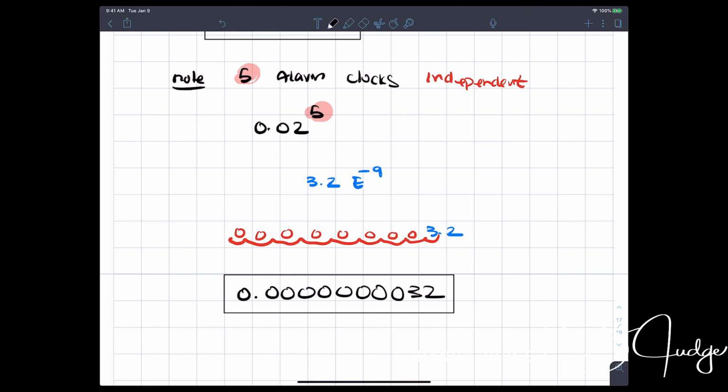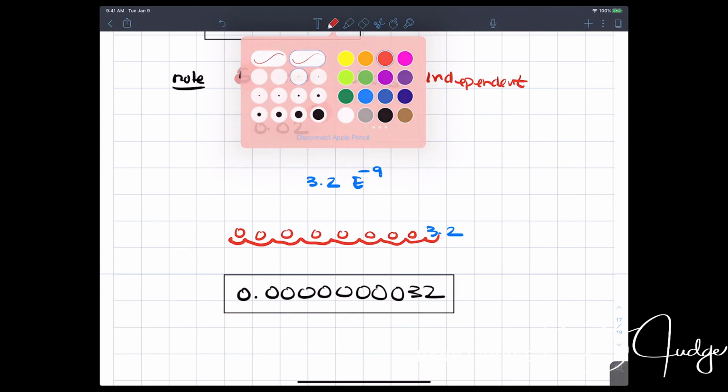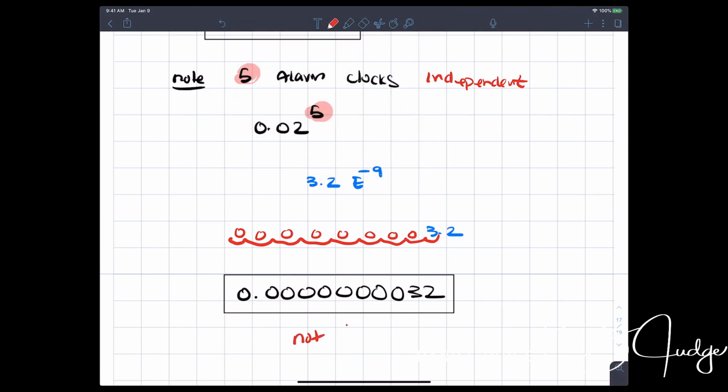All 5 not working. Well, guess what? It's not likely that all 5 will not work because this event is pretty close to 0. Not what? Not likely. Very, very close to 0. Okay? Not likely. Yeah. That's why you buy 5 alarm clocks and make sure they function independently.